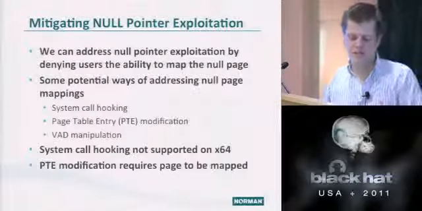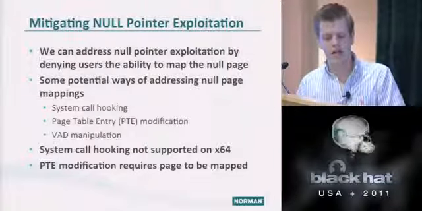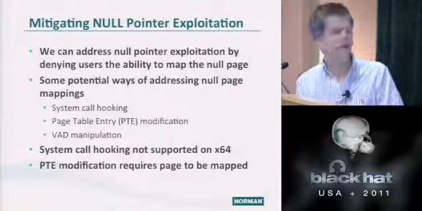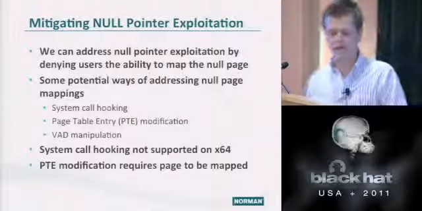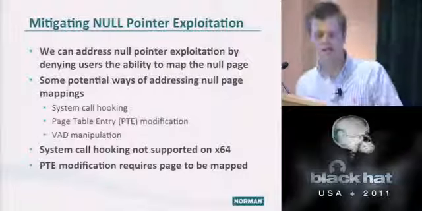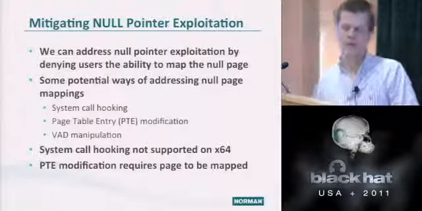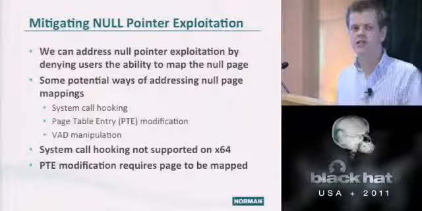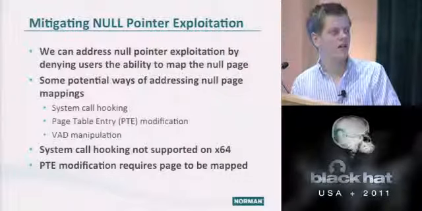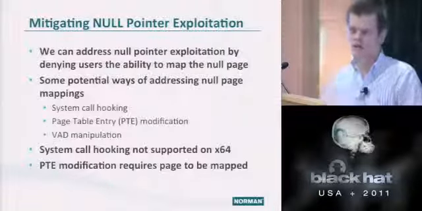For mitigating null pointer exploitation, we can try to deny the allocation of memory over the null page. There are some potential ways of doing this. We could either use system call hooking, or modify the page table entries, or use VAD manipulation. System call hooking is not really a good solution because, first, it's not supported on x64 or 64-bit due to PatchGuard, which will check the system call table.